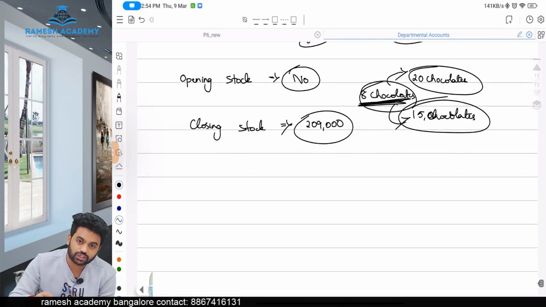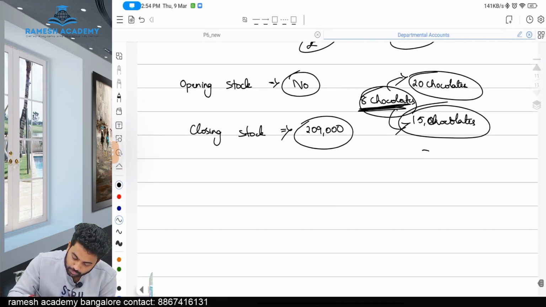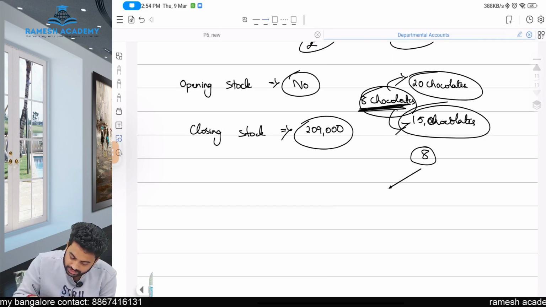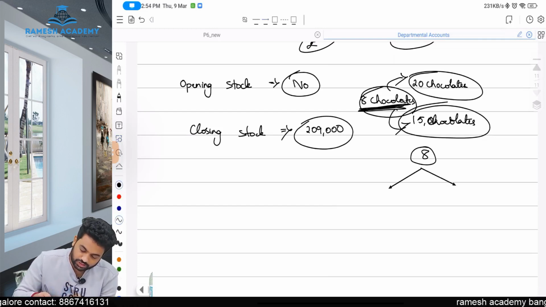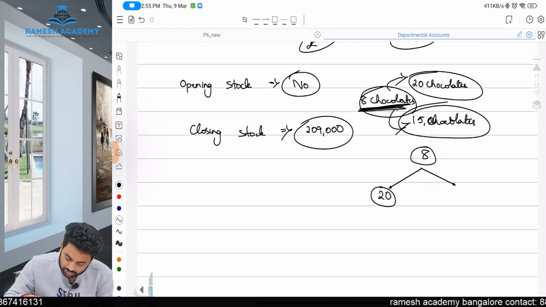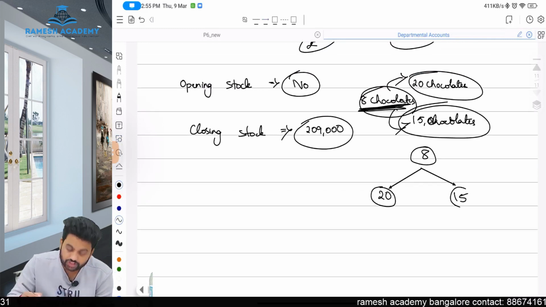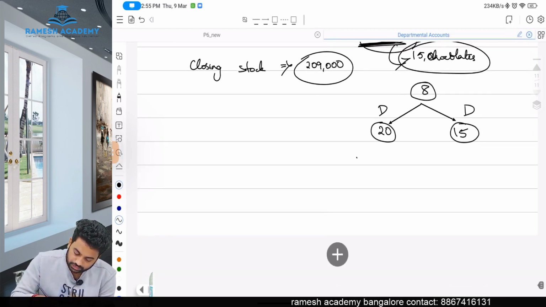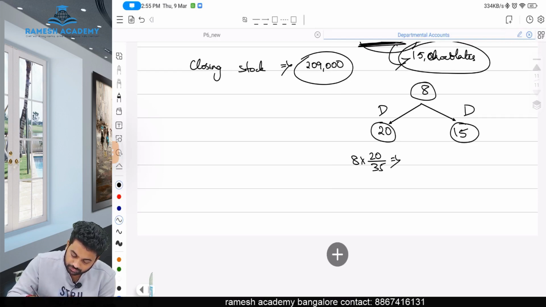That's why what we will do, out of these 8 we will proportion it in the ratio in which they gave. 20 chocolates were given by dad and 15 chocolates by mom. So 8 into 20 by 35, and 8 into 15 by 35.